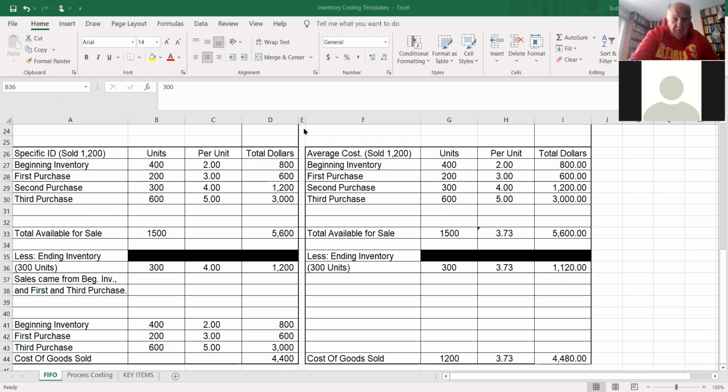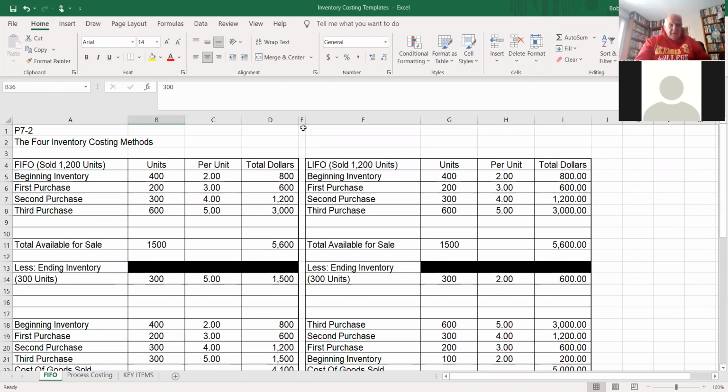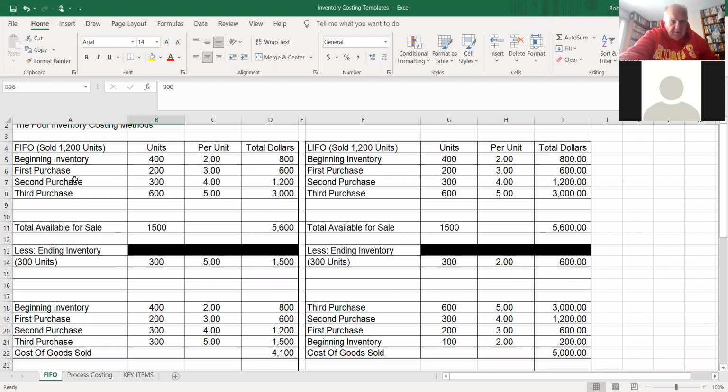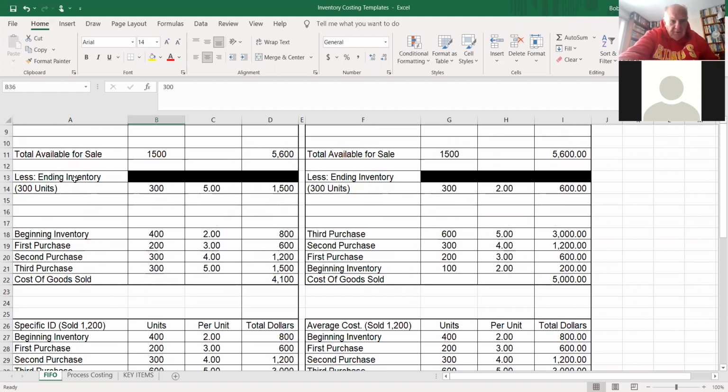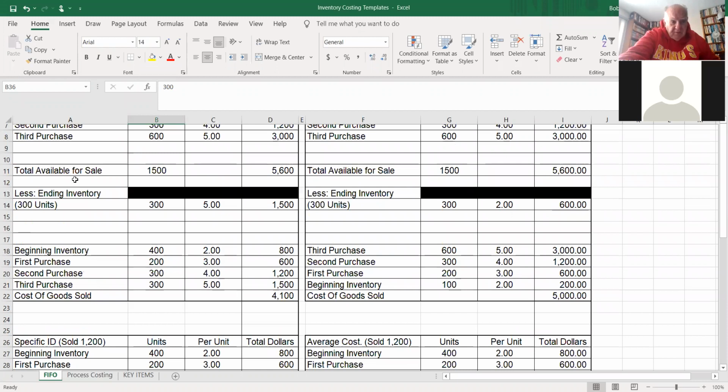Here, we're going to talk about the 4 inventory methods. Here, we have a grid where I'm saying we sold 1,200 units. Under FIFO, which ones did we sell?